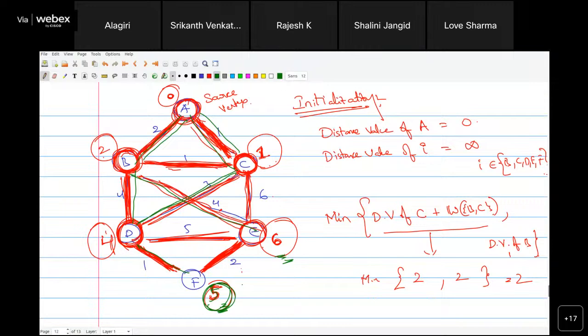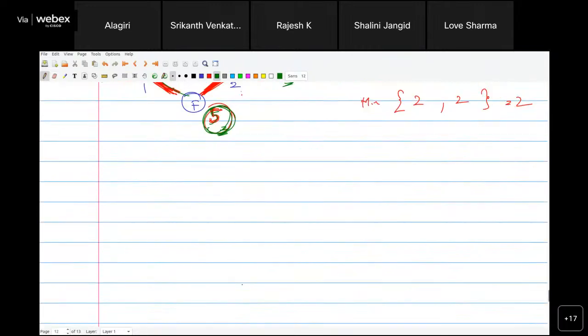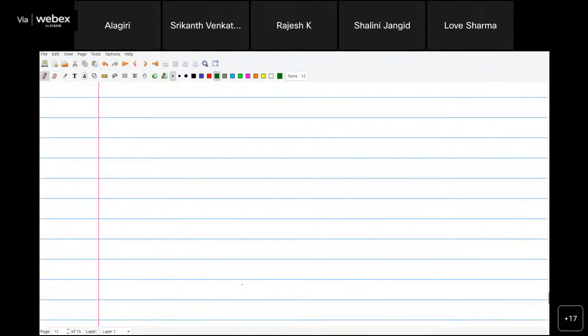So that is about Dijkstra, and there is one more algorithm called Bellman-Ford. The difference between Dijkstra and Bellman-Ford is that you can use Bellman-Ford even if you have negative edge weights.